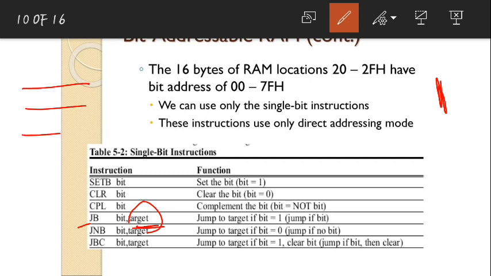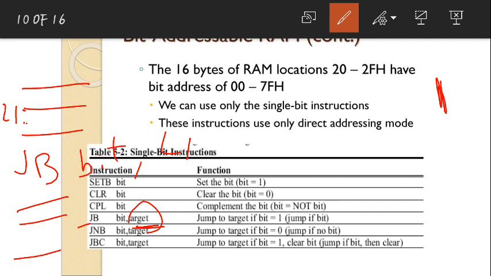See, if you have 3 lines and in the fourth line you write JB some bit comma L1. L1 is your label, and I am writing L1 in the second line, and I have some other lines of program. So check, in this fourth line you have this instruction called jump bit.